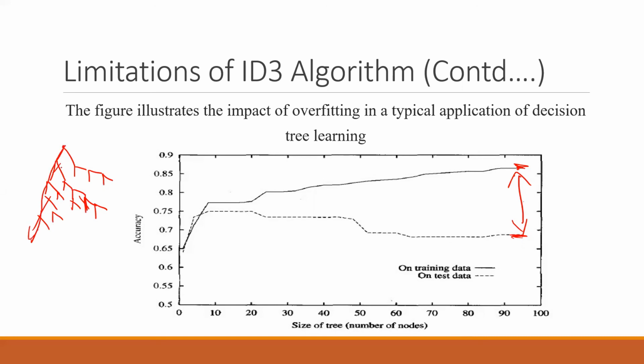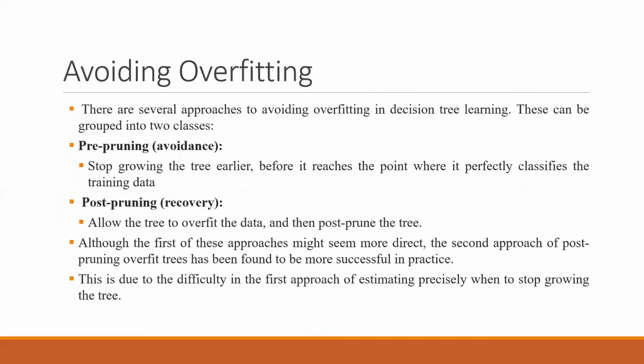You are moving through this side, then this side, and you have to decide every time which side to go. This will lead to overfitting, because you have more options, and in this case your model might not perform well on the test data set. This is the basic idea behind overfitting.